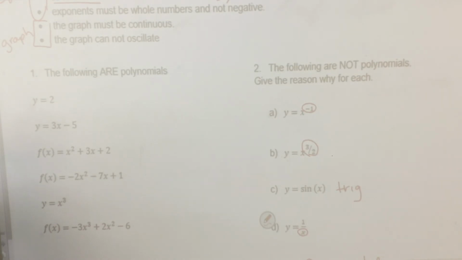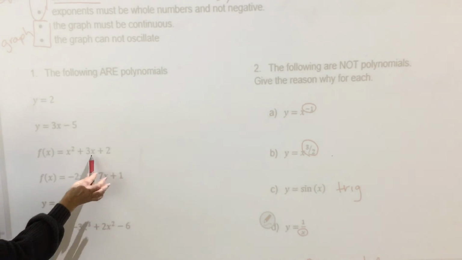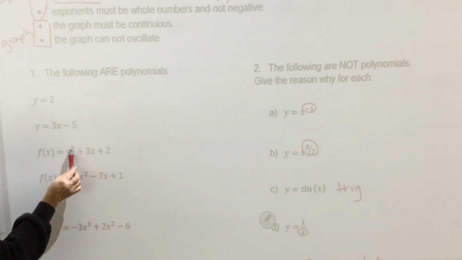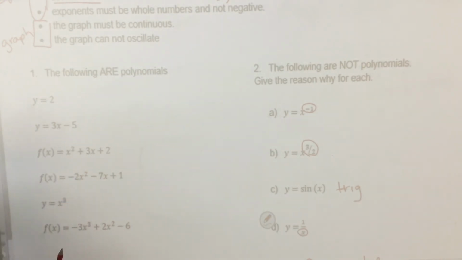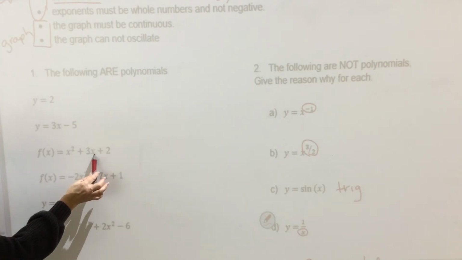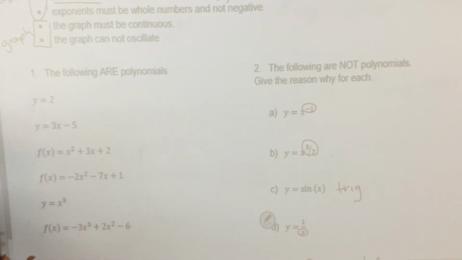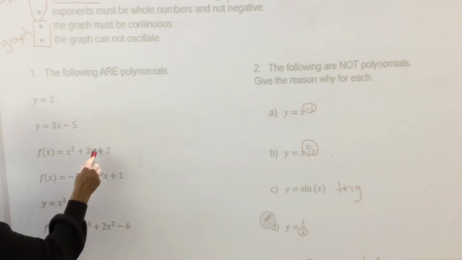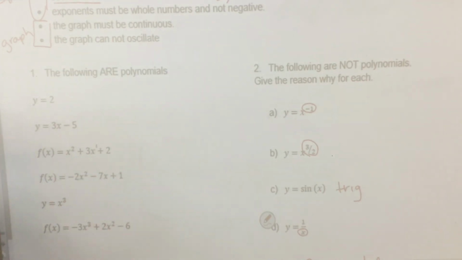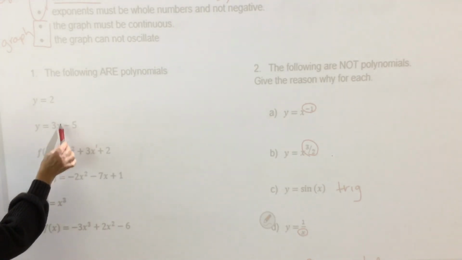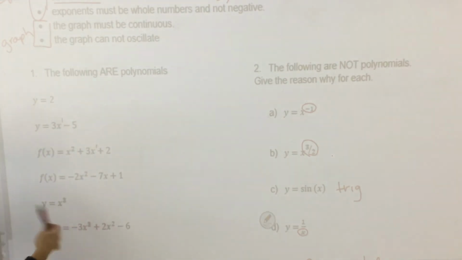And just to point out one thing that'll come up a lot: when you see x squared, it's easy to see that that exponent is a 2. But if you have something like 3x, you're probably thinking, well, there's no number in the exponent. There is an exponent there, it's 1. You just never will see it written. It's assumed to be there. So 3x, it's to the first power. And of course, 1 is a whole number, not negative.